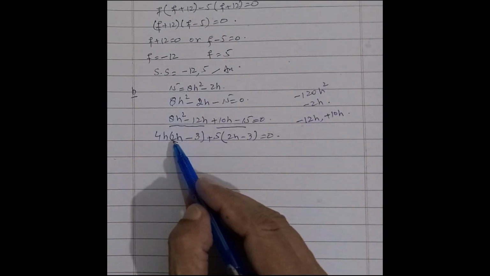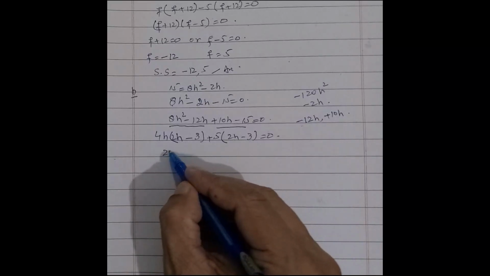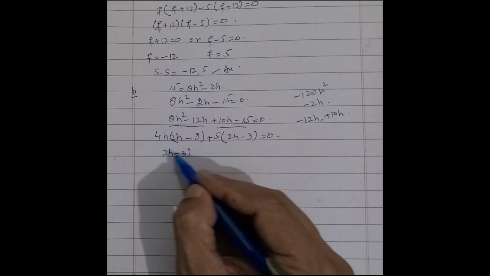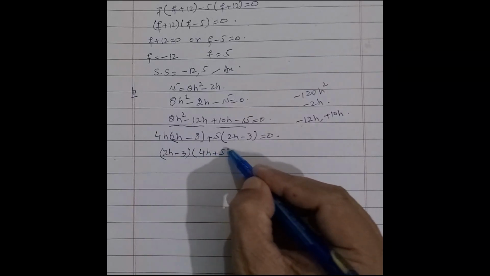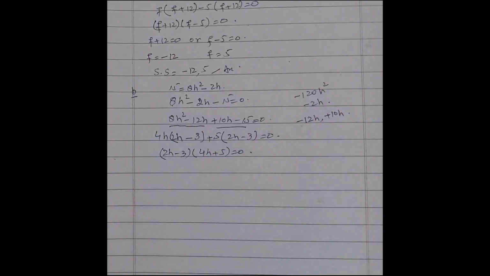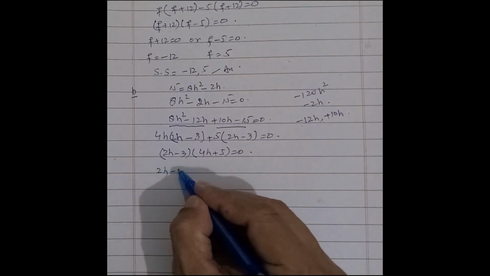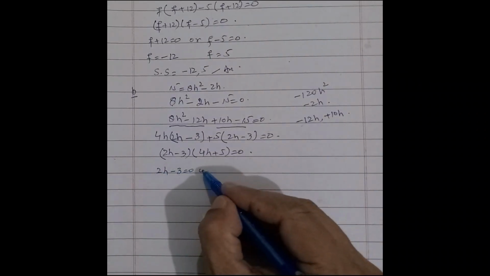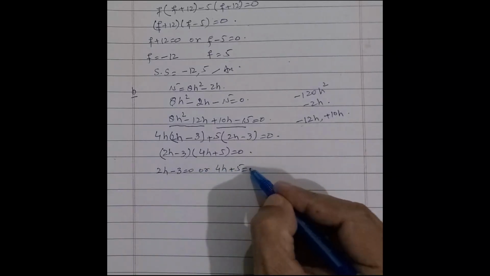Now we take common 2h minus 3, and the remaining value is 4h plus 5 is equal to 0. And then we find the values of h, in which 2h minus 3 is equal to 0, or 4h plus 5 is equal to 0.